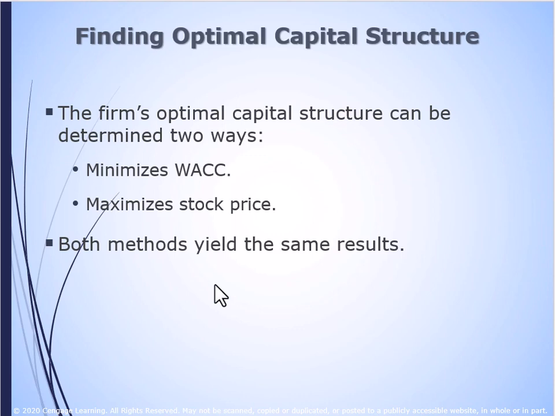What is the way that minimizes weighted average cost of capital, and what is the way that maximizes stock price? Both questions yield the same answer, right? They give us the same result, which is the optimal capital structure that creates either minimizing cost of financing or maximizing the stock price.